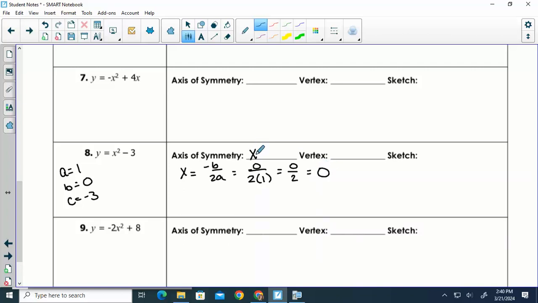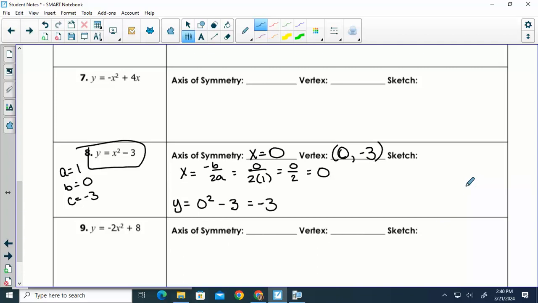So axis of symmetry, x equals 0. To find our vertex, we plug that into the original equation. So 0 squared minus 3. Vertex is the ordered pair 0, negative 3.